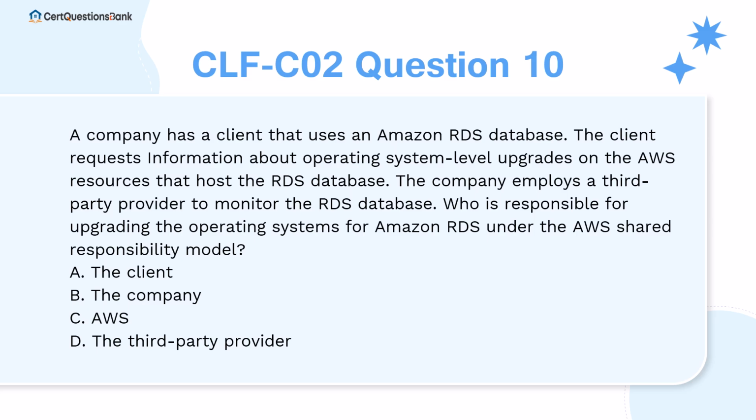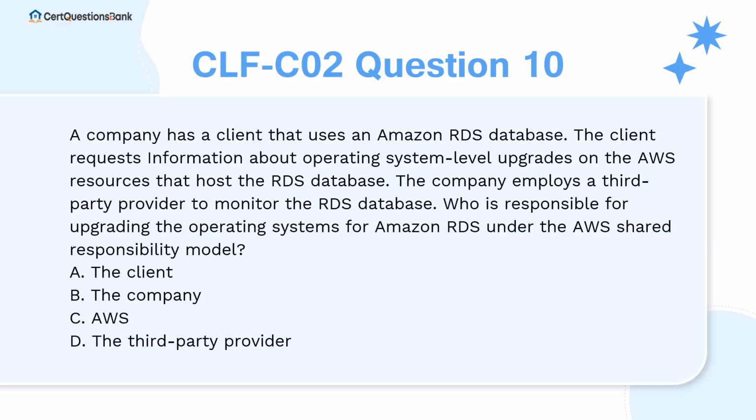A company has a client that uses an Amazon RDS database. The client requests information about operating system level upgrades on the AWS resources that host the RDS database. The company employs a third-party provider to monitor the RDS database.